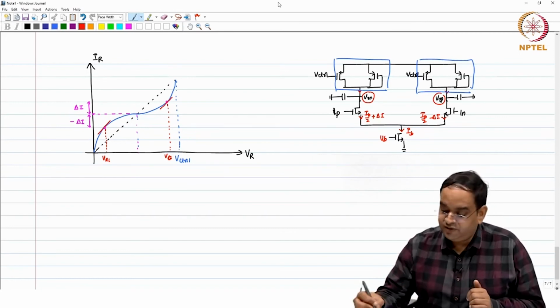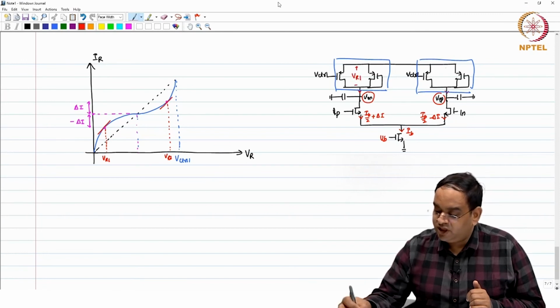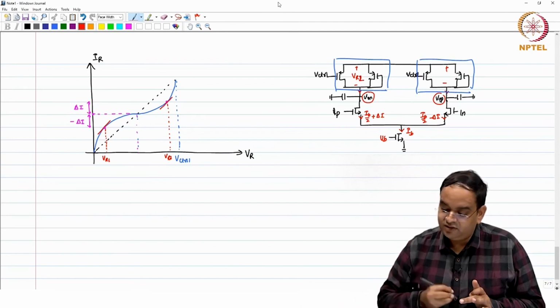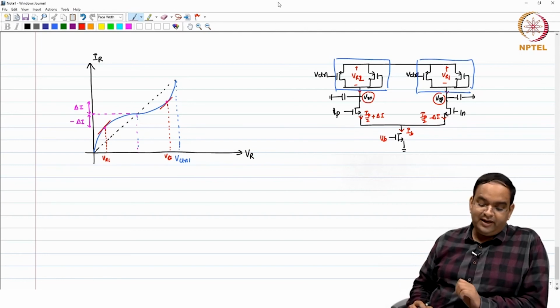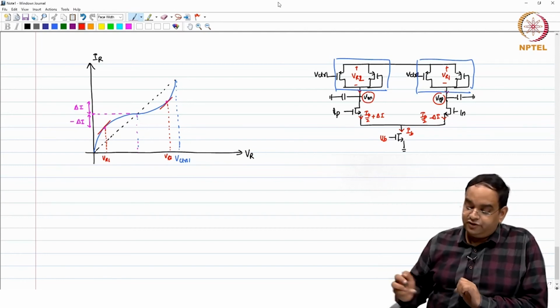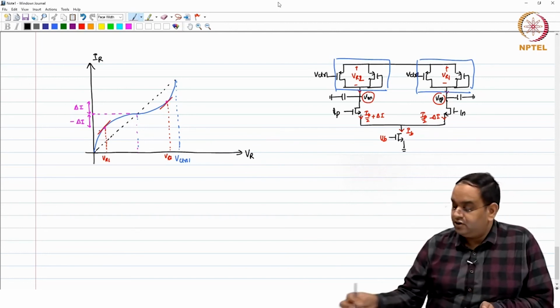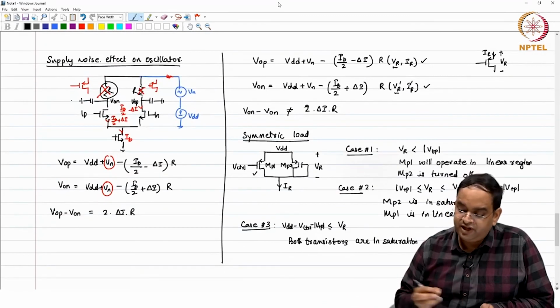So, the example which we took, this potential let us say is VR1 and this potential is VR2, where you have minus delta I. So, with these potential differences, you see the slope is the same. Now, if the slope is the same, the resistance value is going to be the same.